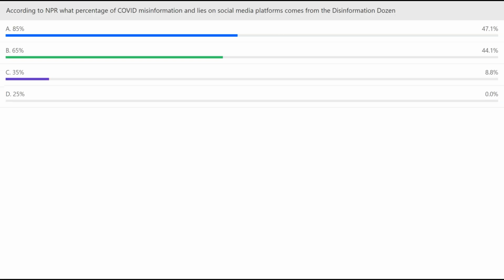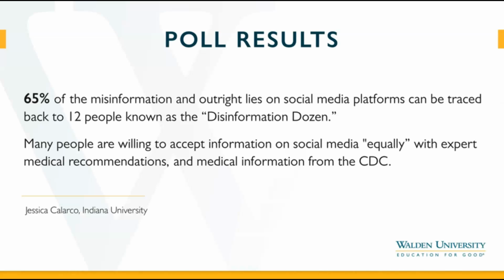So according to NPR, what percentage of COVID misinformation and lies on social media platforms comes from the disinformation dozen? Actually, it's 65%. We had some folks who actually guessed higher, at 85. So 65% of the misinformation and outright lies comes from these 12 wonderful people.